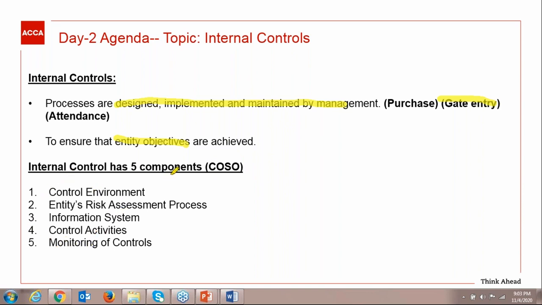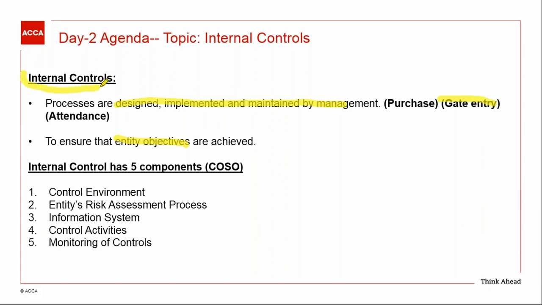What is meant by components? These are the factors which can impact the organization's internal controls. If these five components are managed carefully, then the organization has strong internal controls.